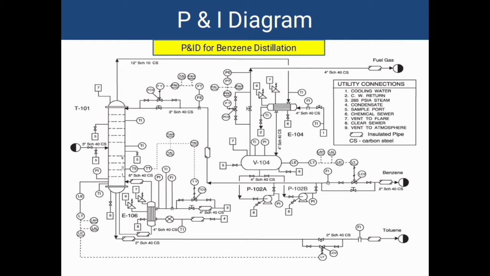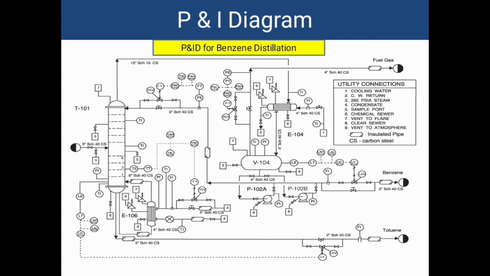From the reflux drum, fuel gas is separated, and at the bottom of the reflux drum, the product is drained and pumped. One part of the product from the reflux drum goes to the distillation tower as reflux and another part goes to storage. And at the bottom of the distillation tower, the toluene is obtained.